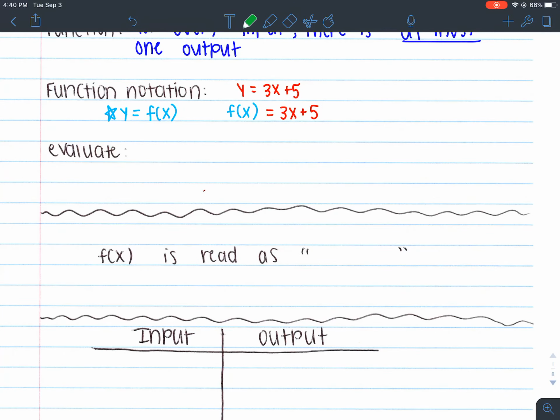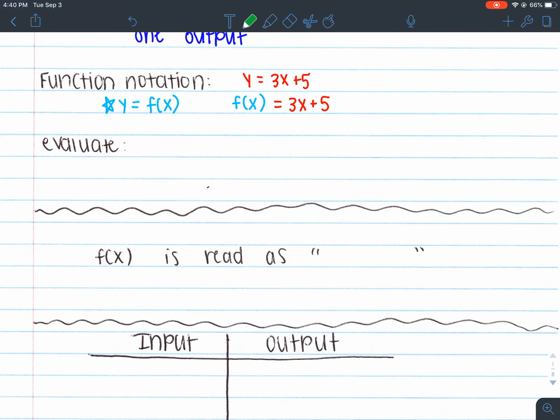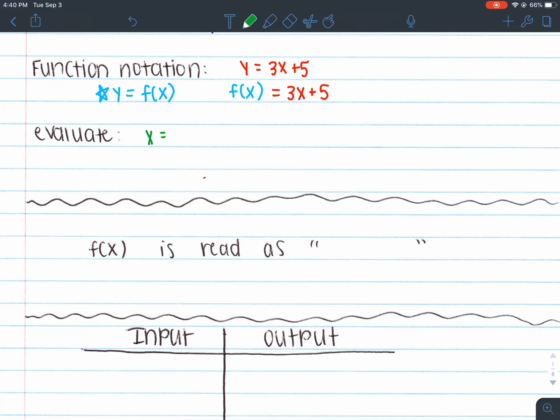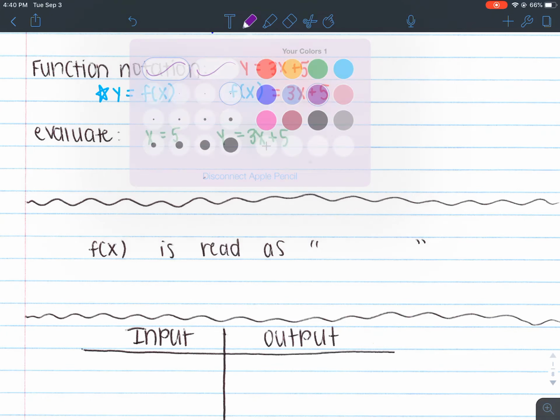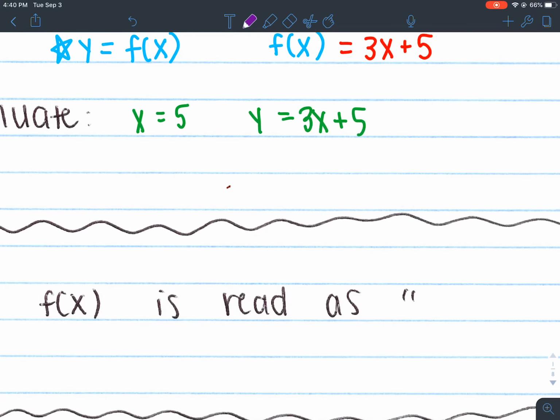All right. So for evaluate, here we have a third vocabulary word, except I'm not going to define this one again, but let's pretend I ask you to evaluate something. Let's say x equals 5, and then we have the function y equals 3x plus 5. Given the information I have been provided, I'm going to plug in 5 for x.